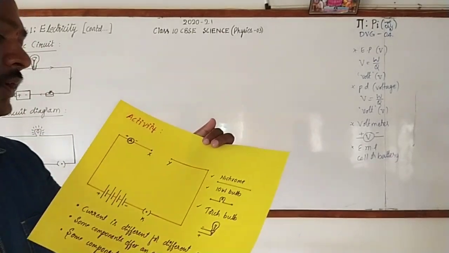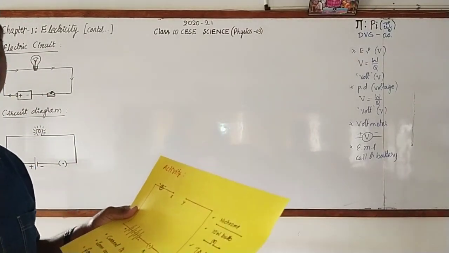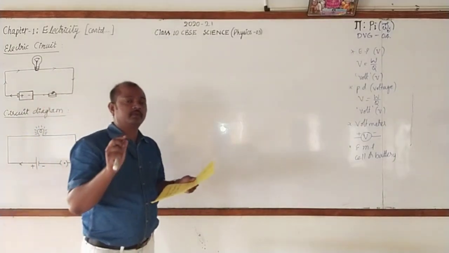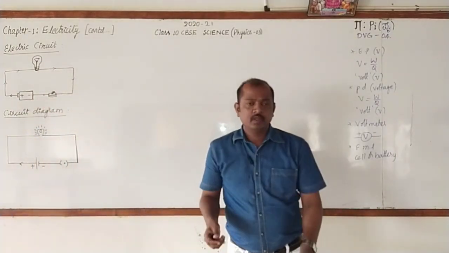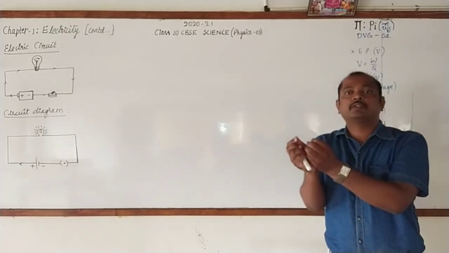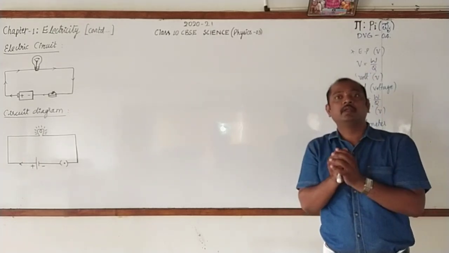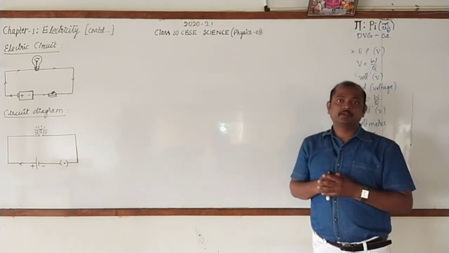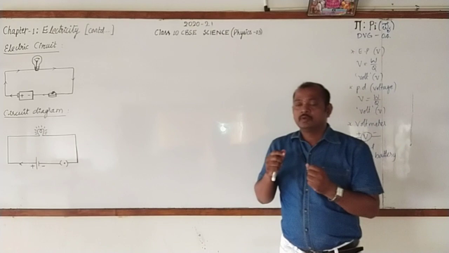Got it? Then you may be thinking why it happens so. The reason is some electrical components will give an easy path for the flow of current, but some will try to resist the flow of current, like nichrome.